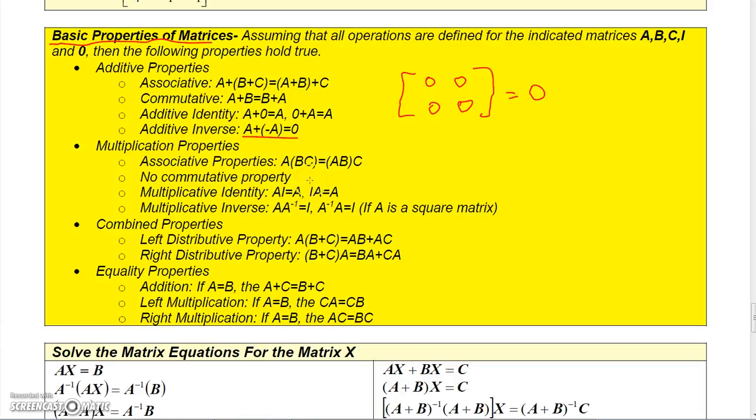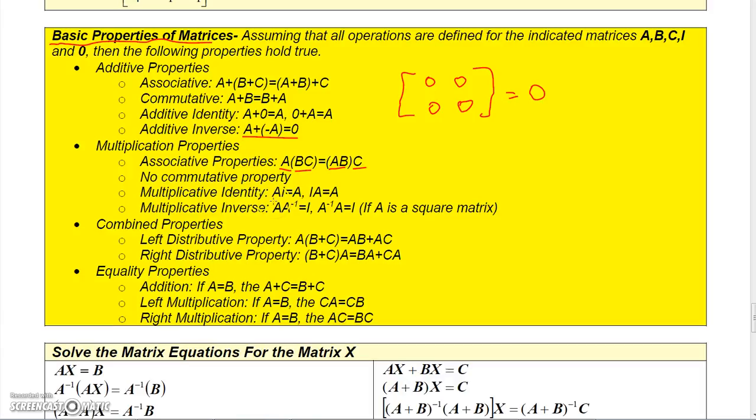And then on the multiplication property, you do have an associative property. If you want to multiply A, B, and C together, you can multiply B times C first, then multiply it by A, or you can multiply A times B and then multiply by C. Now notice there is no commutative property. You can't say that AB equals BA.